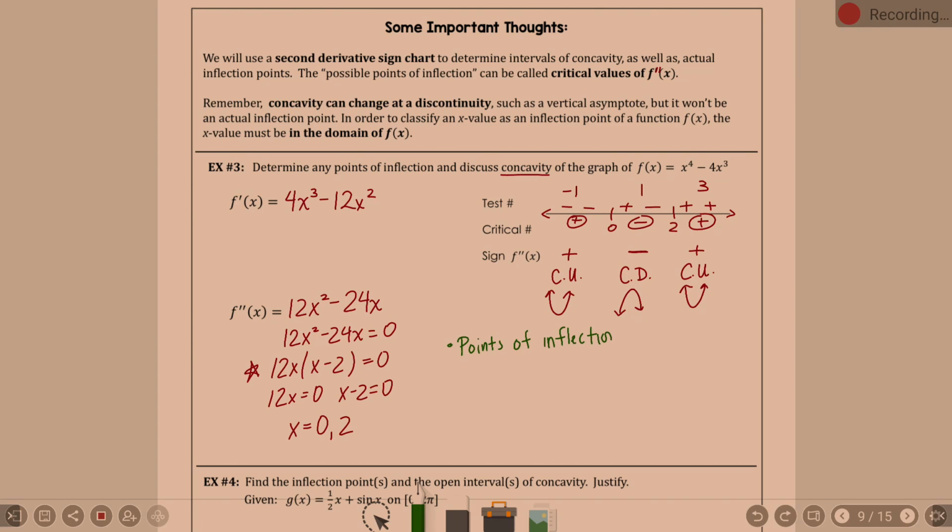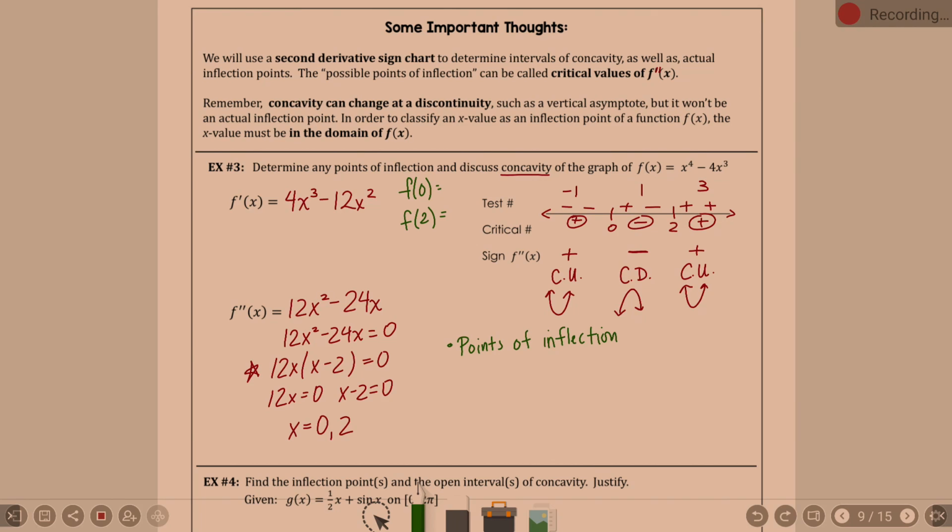The points of inflection occur at 0 and 2. What would be the actual points, though? You'd have to plug 0 and 2 into the original equation. So you would need to find what f of 0 is and f of 2 is.